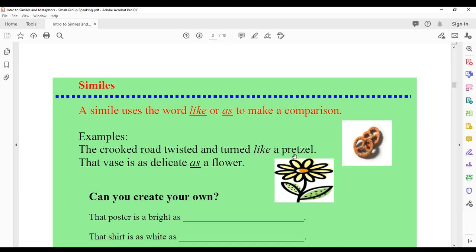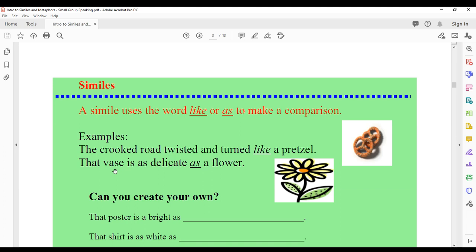So if someone is describing a road that they drove down to get to their favorite national park, and it was winding and going up and down, just not a straight road, they could say the crooked road twisted and turned like a pretzel. And anyone who knows what a pretzel is would have a great understanding.